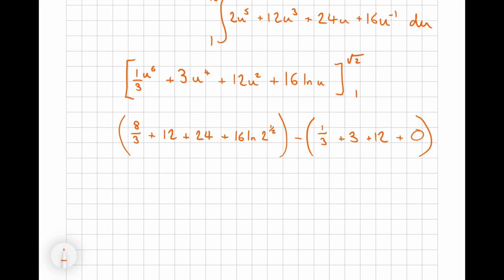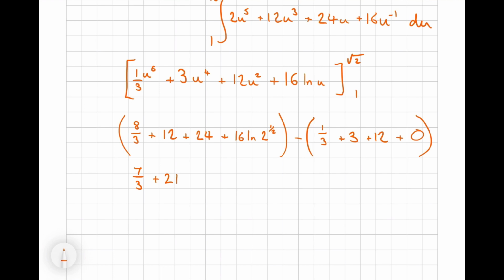Now then, 8/3 take away a third, just to get rid of the fractions, is going to be 7/3. And then if I add 12, add 24 is 36, and then take away the 12 is 24, take away the 3 is 21. So we'll be adding 21.